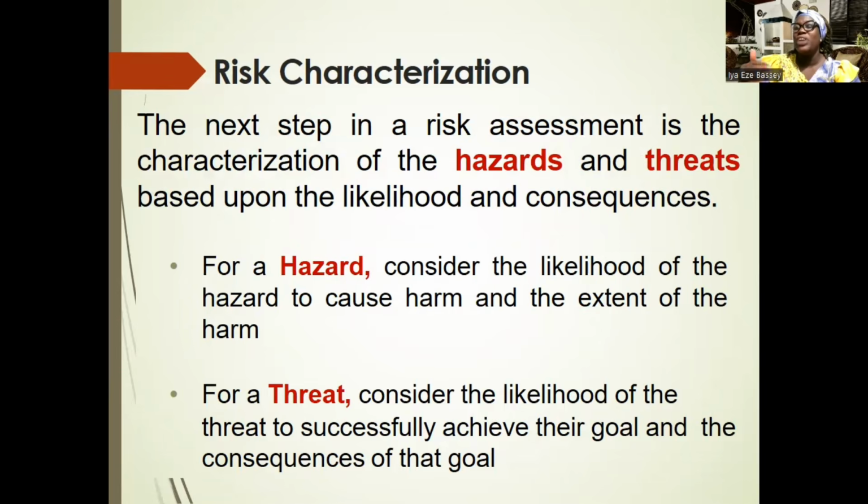Okay, so after that, the next step is for you to be able to characterize your hazards and your threats based upon the likelihood and consequences. Like for a hazard, which is the biological material or the toxin that you're talking about, you have to consider the likelihood of the hazard to cause harm and the extent of harm that it can cause.